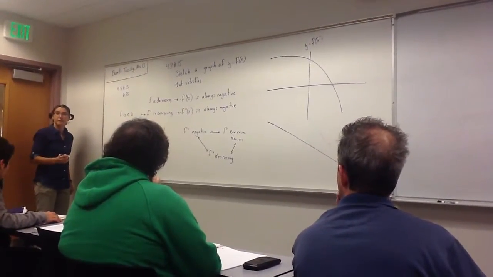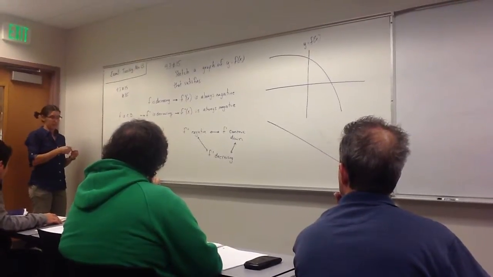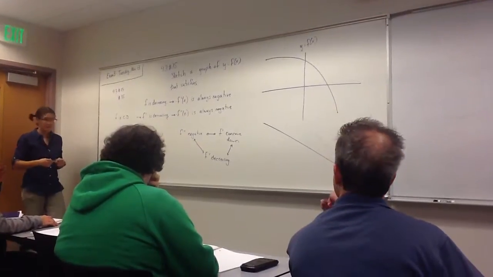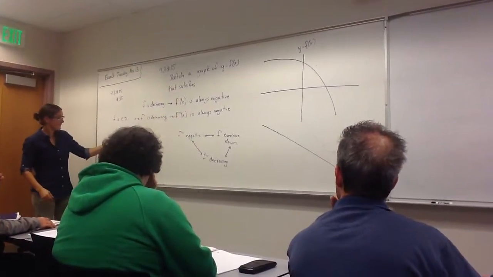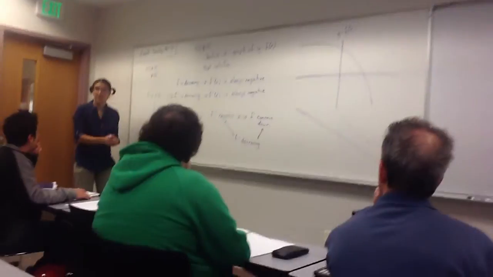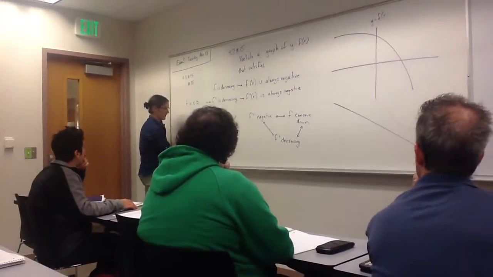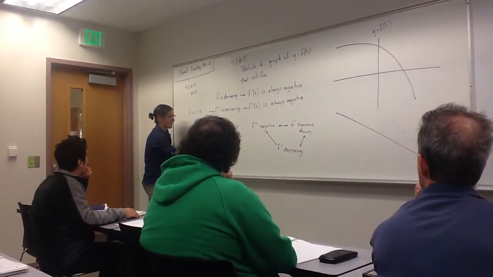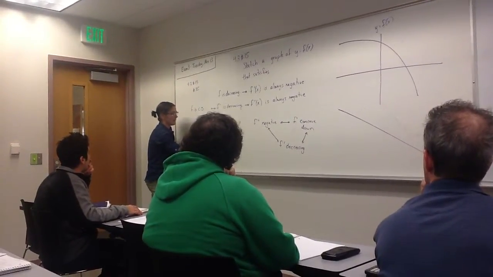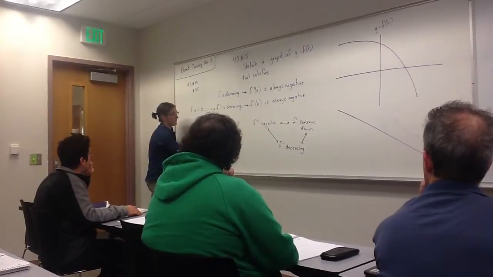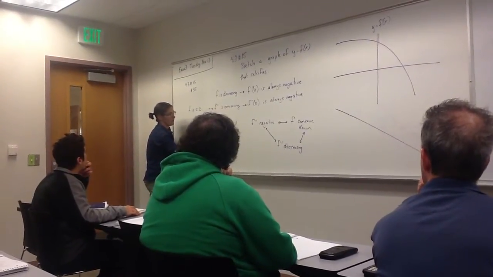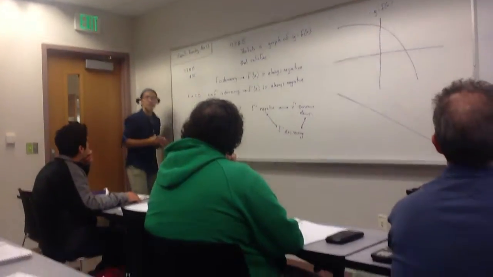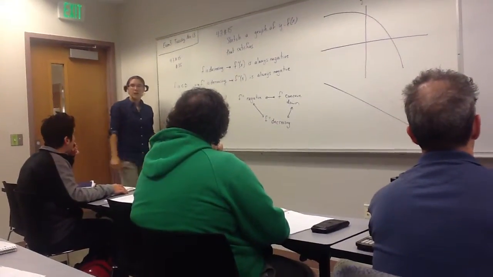Right. And the question I asked you in your office was that when you say f prime is decreasing there, every tangent on that curve has a slope that is decreasing. That's right. So each tangent line that I draw, the slope of that tangent line is less than the slope of the previous tangent line. So when I was reading that problem, I was a little confused by what f prime is always negative meant, I guess, is all.